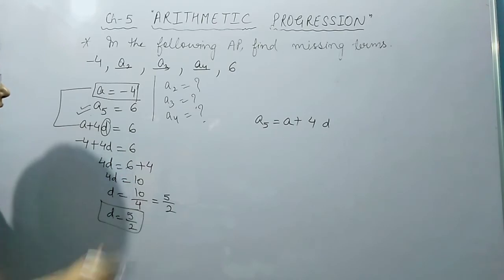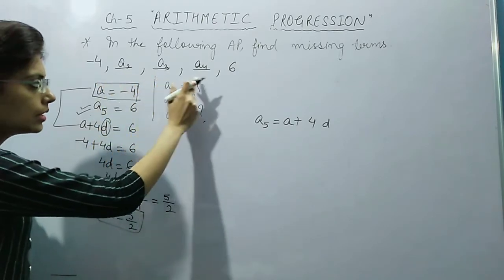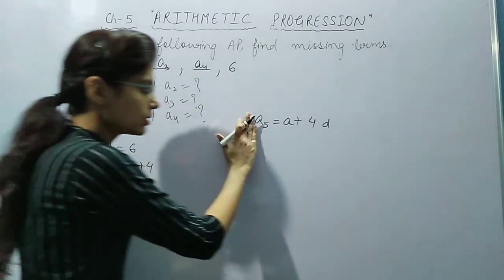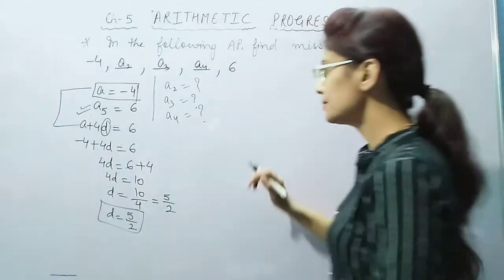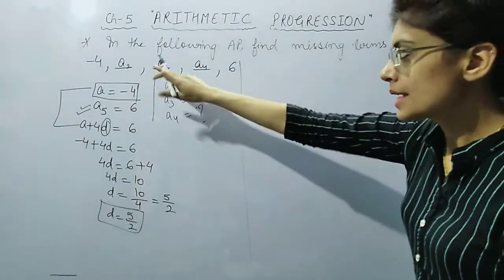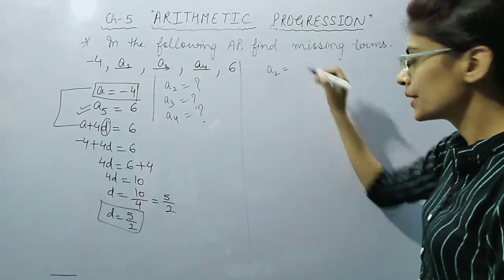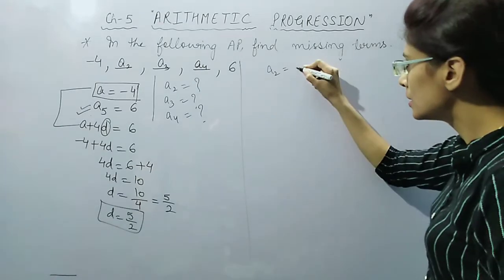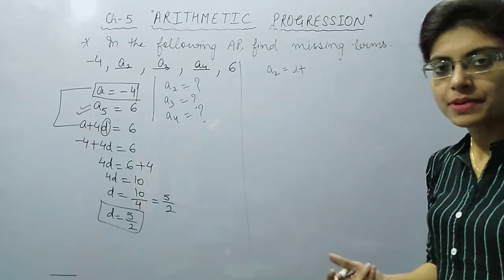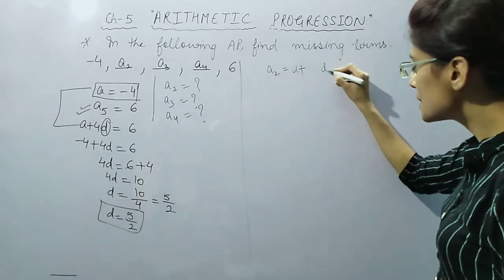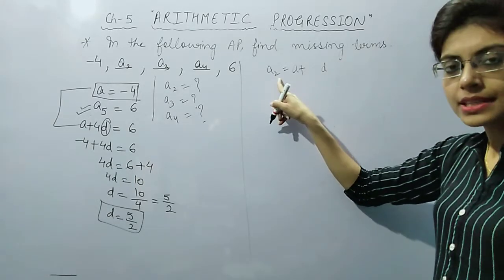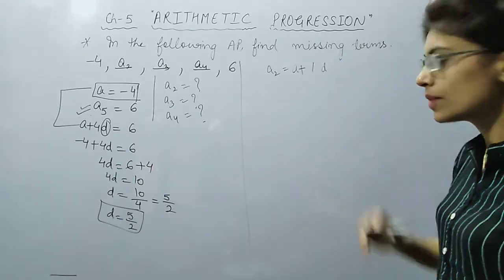But what do we have to find? We have to find the second, third and fourth terms. So let us see. Second term. How to write the formula? A plus is fixed. Then the coefficient of d is 1 less than this. Means here it will be 1.